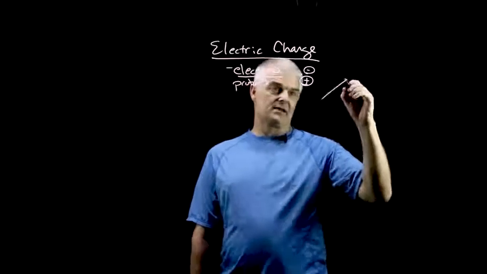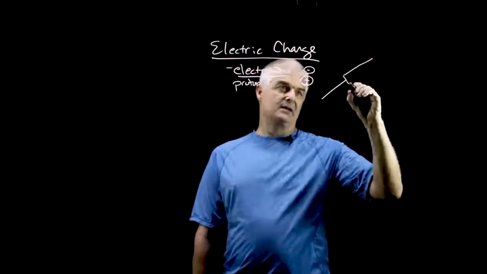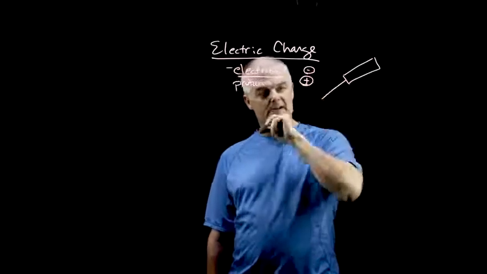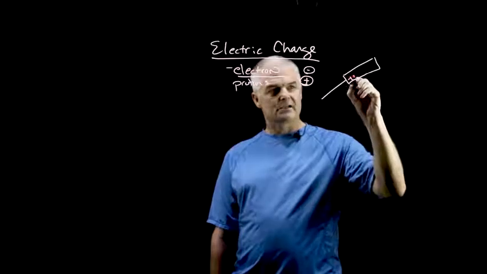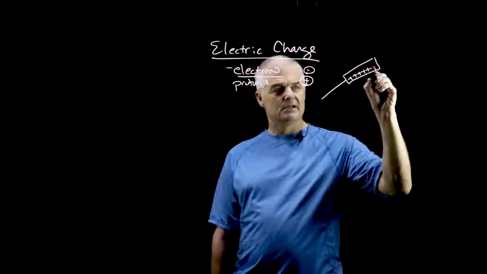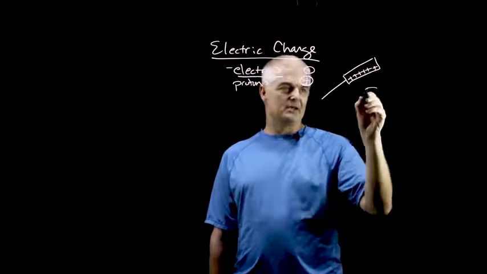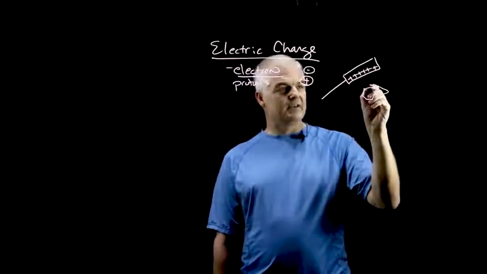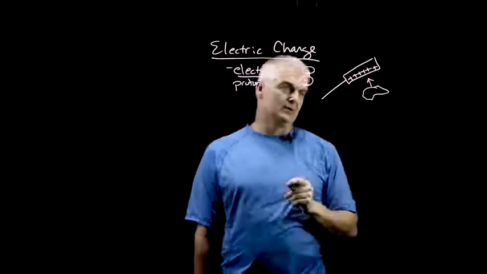So if I've got the charged rod, and you strip away the electrons, think about that for a moment, it gets a positive charge. And then the bits of paper, which by the way are neutral, somehow are attracted to it.